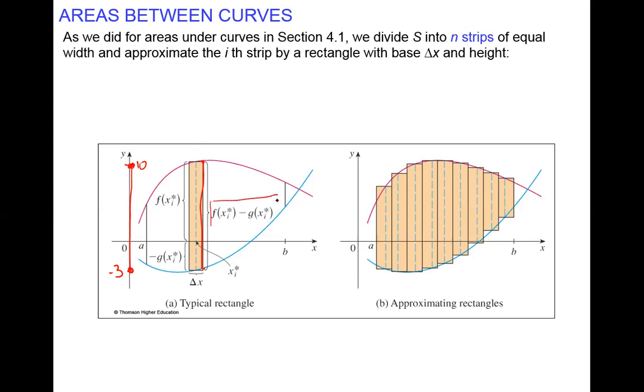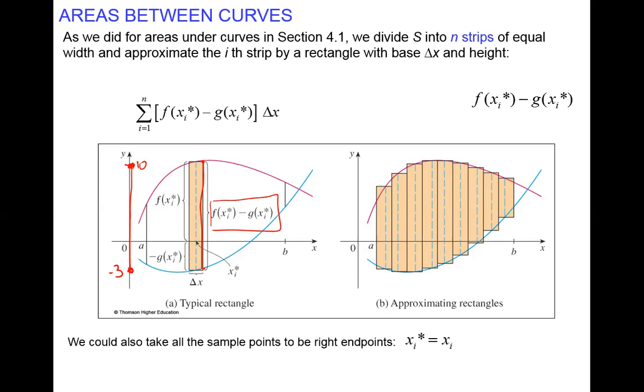That is the height of that rectangle. Now we know the process. For one rectangle, the area will be delta x times the height, base times height, and the height is just the difference.